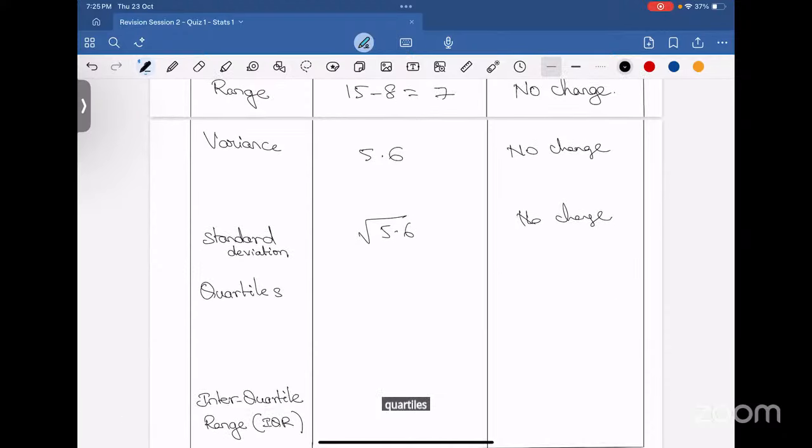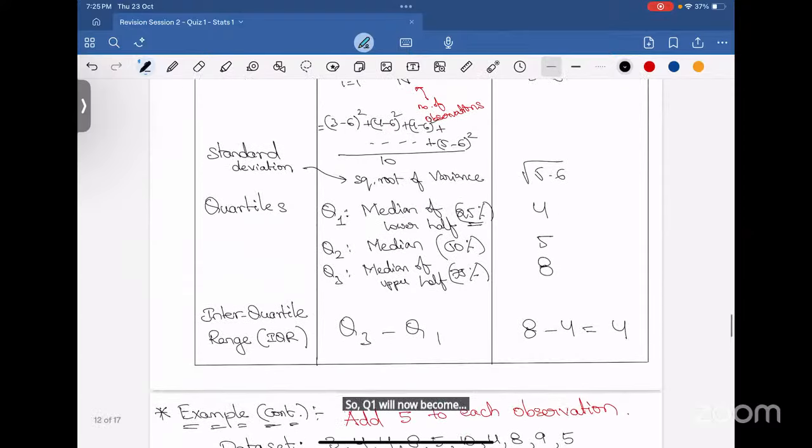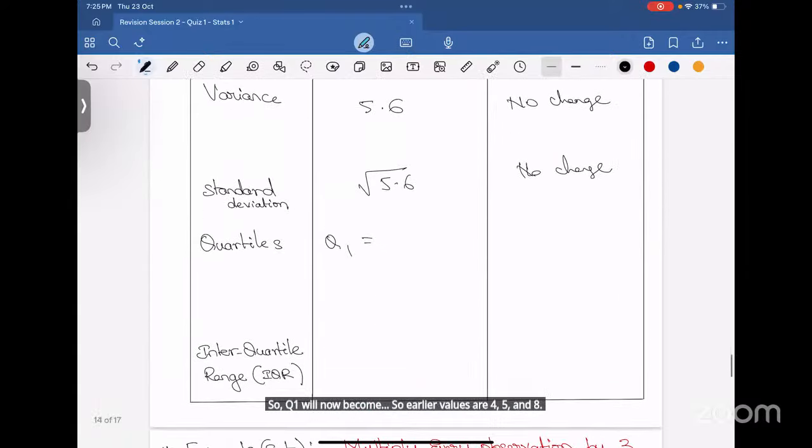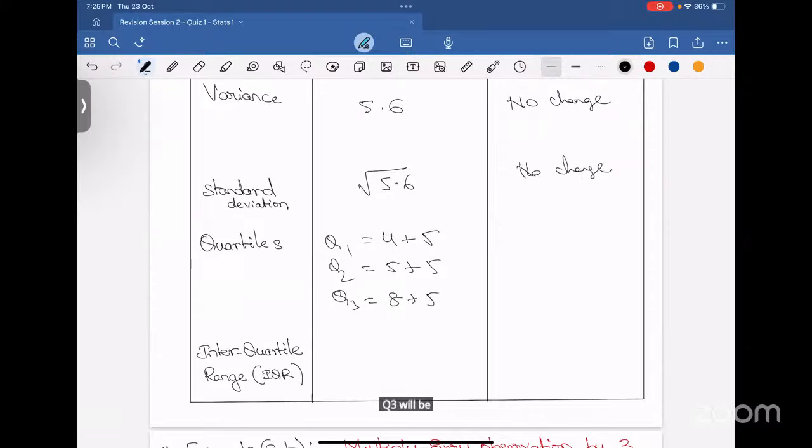Quartiles increase by 5 units. Earlier Q1, Q2 and Q3 values were 4, 5 and 8. So Q1 will be 4 plus 5, Q2 will be 5 plus 5, and Q3 will be 8 plus 5, which gives 9, 10 and 13.